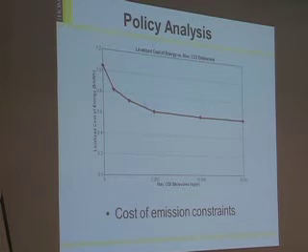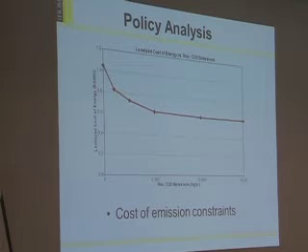This is getting that last little bit of diesel out of the picture is prohibitively expensive, really. So a graph like this demonstrates that, I think, very well, that these two endpoints are clearly not optimal.